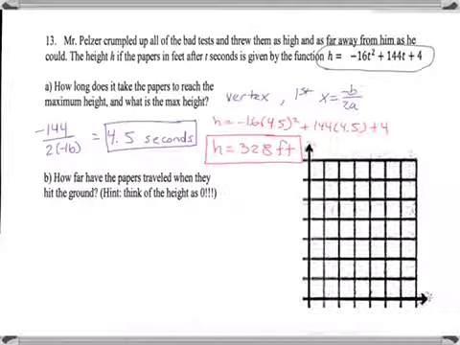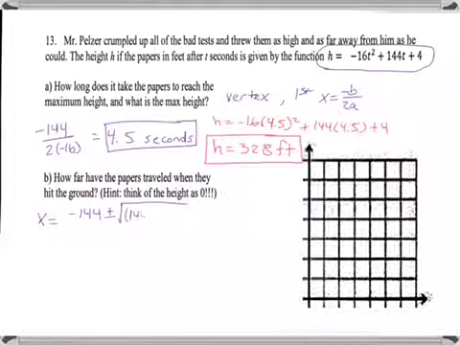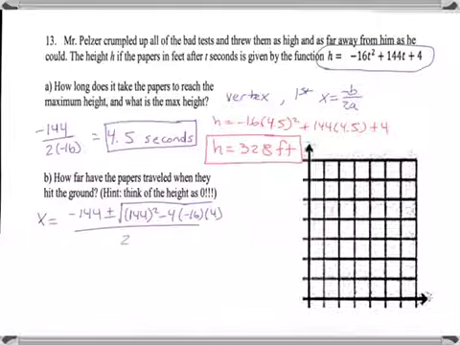And then the last part says, how far have the papers traveled when they hit the ground? All right, so we're trying to find the x-intercepts. One way to do this would be graphically, or we can simply just use the quadratic formula. So quadratic formula says x equals negative b, so negative 144 plus or minus the square root of 144 squared minus 4 times negative 16 times 4, all over 2 times negative 16.